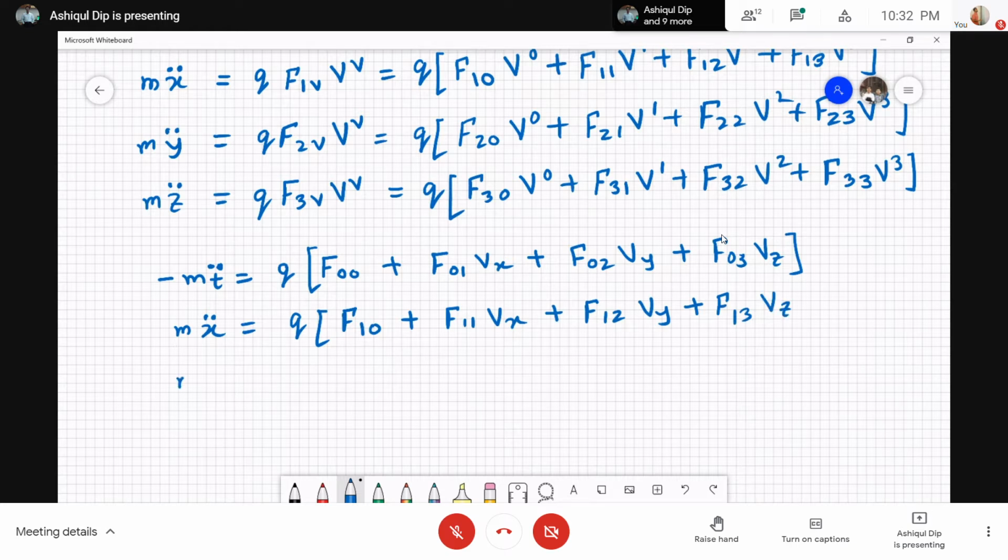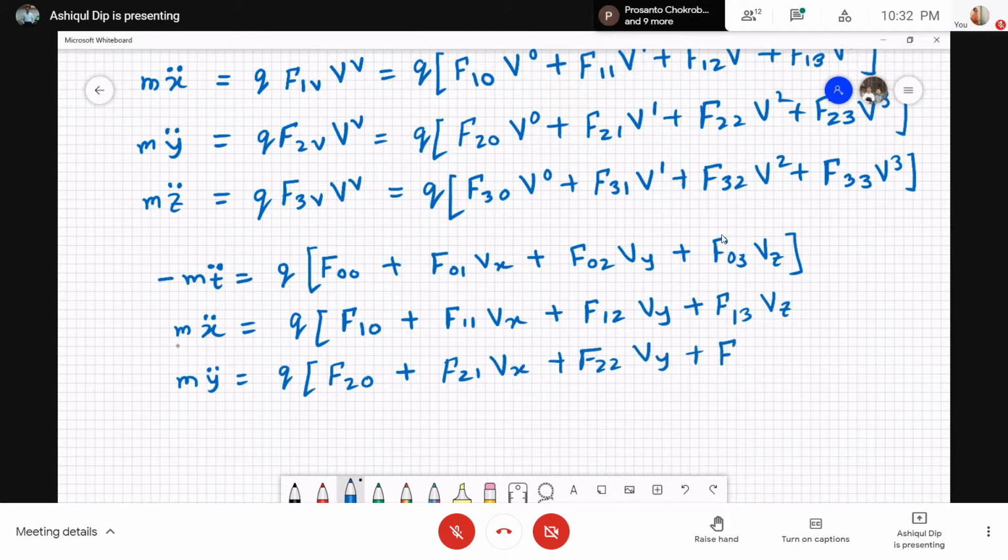Okay, then m y double dot is q f20 plus f21 vx plus f22 vy plus f23 vz.